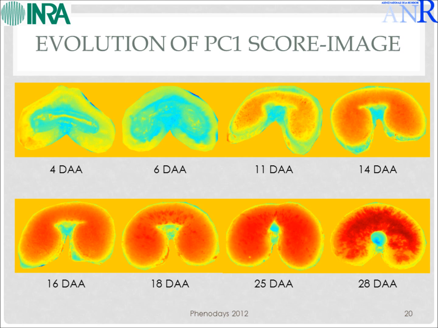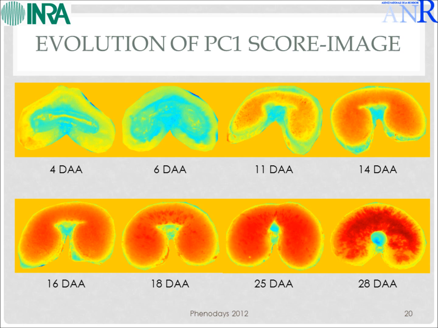I present here the evolution of the image obtained from the PC analysis and the evolution of the image as a function of time. We can see the changes that occur with time, and the change of color.